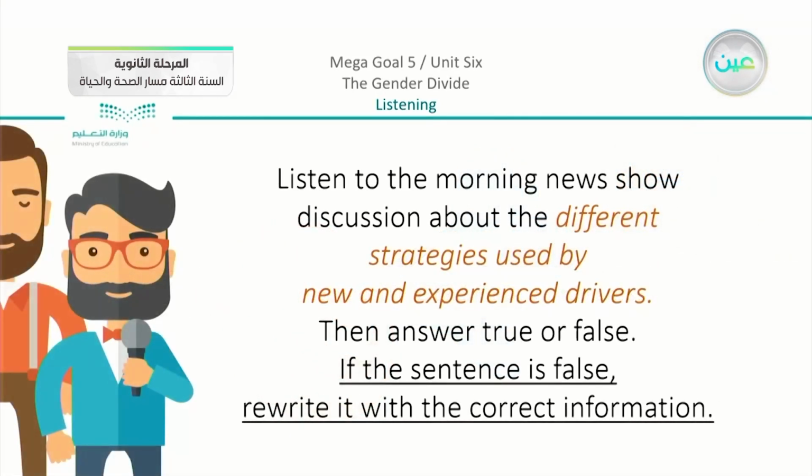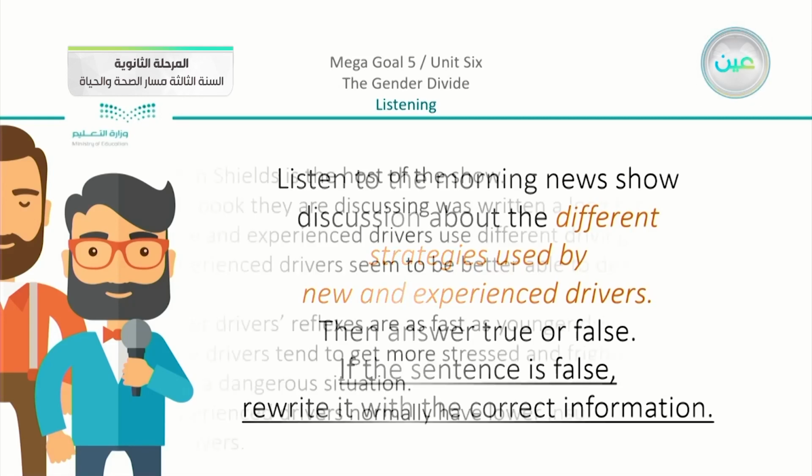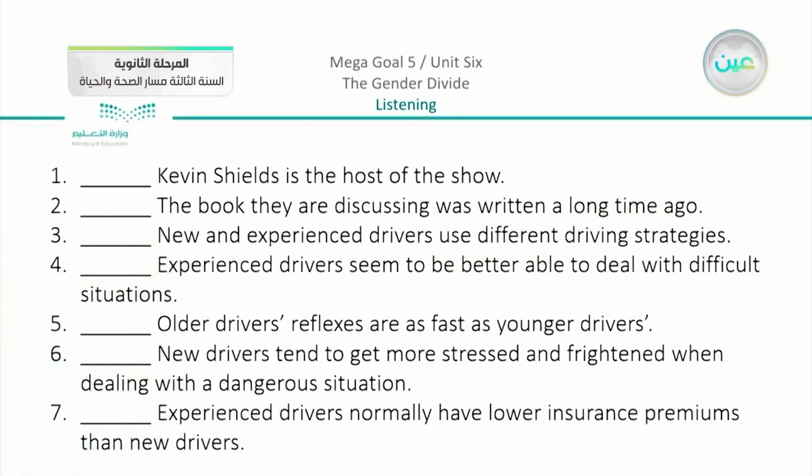Now in your book, we have the listening part. Listen to the morning news show discussion about the different strategies used by the new and experienced drivers. Then answer true or false. If the sentence is false, rewrite it with the correct information. So we are going to learn more about a kind of interview.